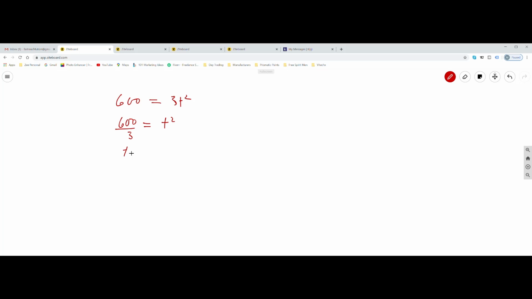So t squared equals 200. t equals the square root of 2 times the square root of 100, which is 10 square root 2 seconds, which is roughly around 14 seconds.